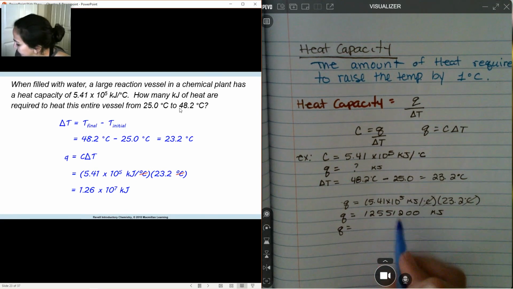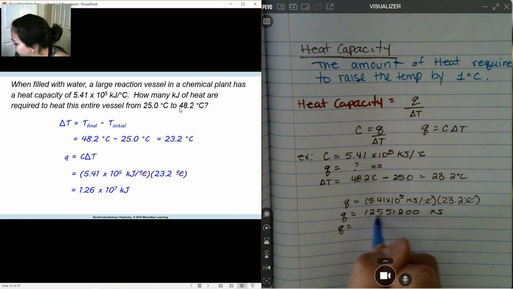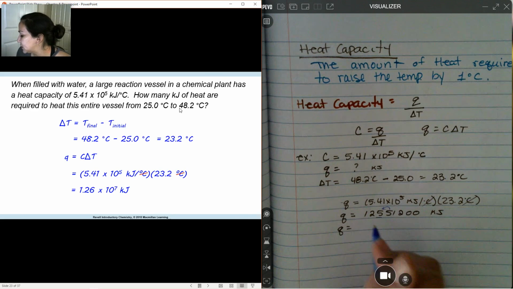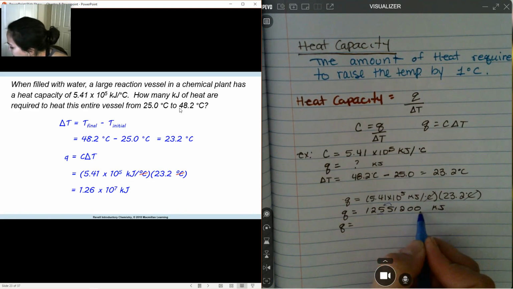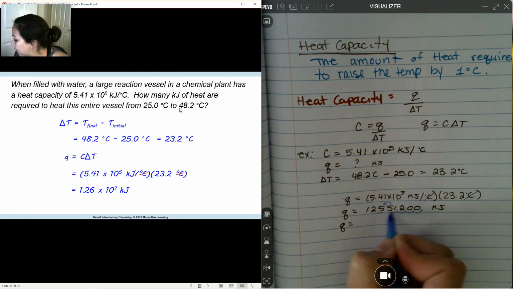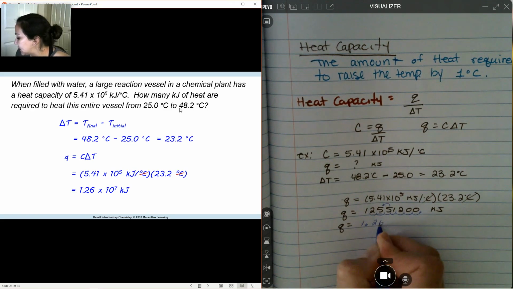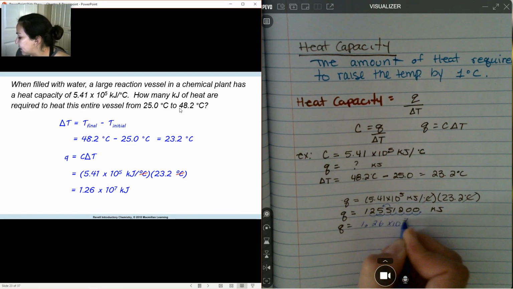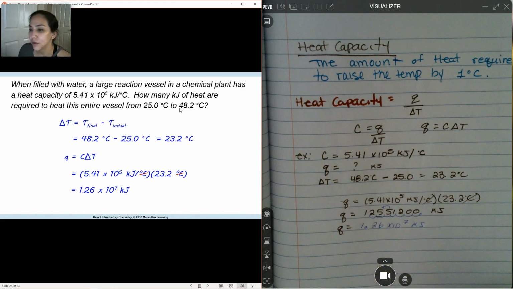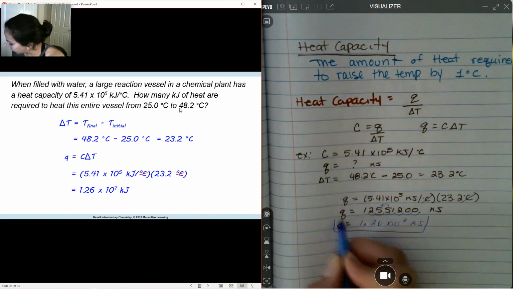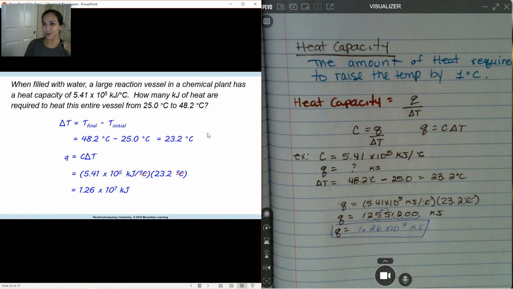So 1, 2, 3, which means this 5 is going to round up to a 6. Let's see how many places we have to move the understood decimal over: 1, 2, 3, 4, 5, 6, 7. So we get 1.26 times 10 to the 7th kilojoules. And that's exactly what we got on our PowerPoint, so we are a step ahead.